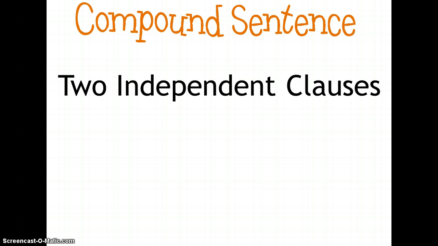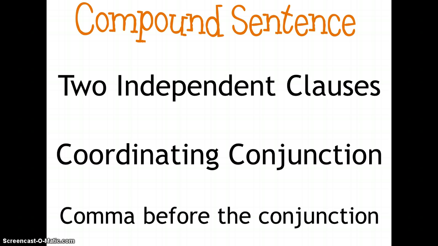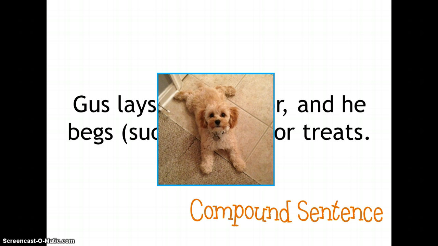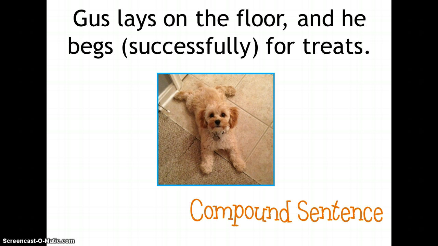So a compound sentence contains two independent clauses, a coordinating conjunction, and it has a comma before the conjunction. Let's look at an example. There's Gus again. Gus lays on the floor, and he begs successfully for treats. Here we have our coordinating conjunction and we have our two independent clauses. Gus lays on the floor, full sentence. He begs successfully for treats, also a full sentence.